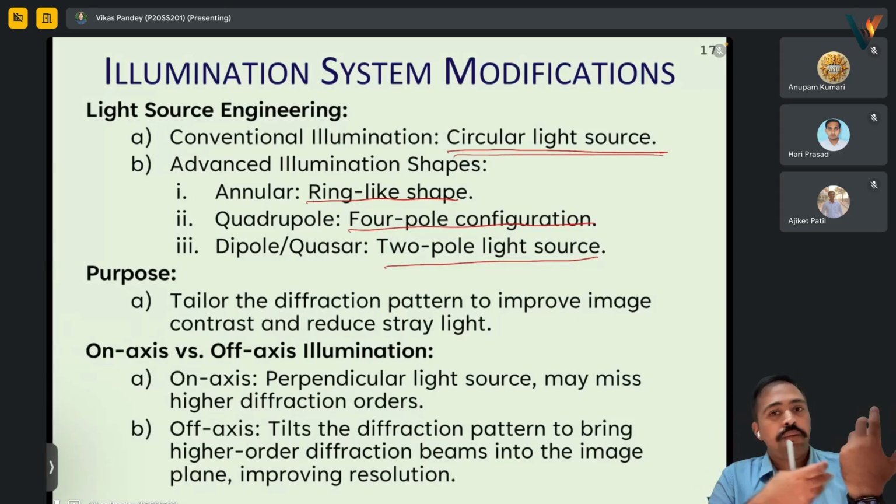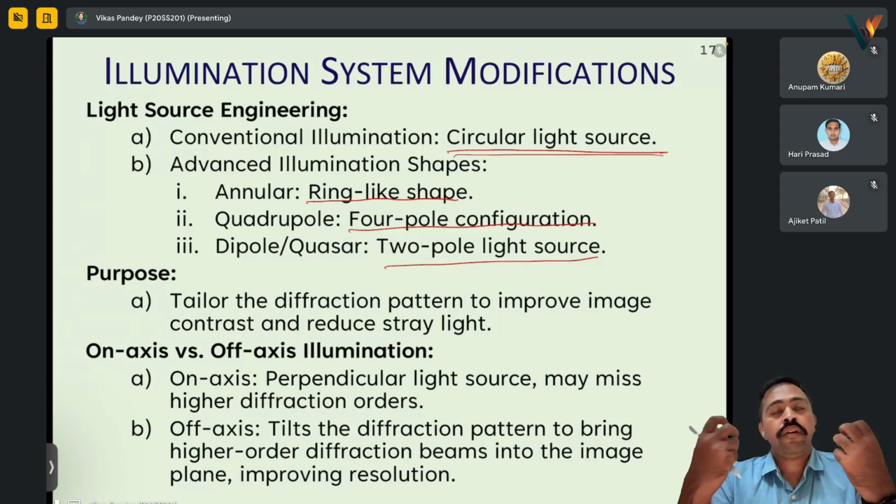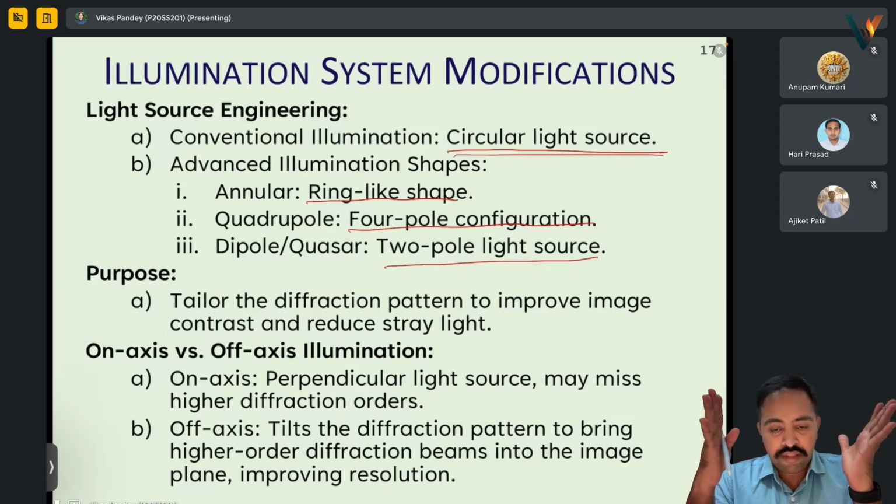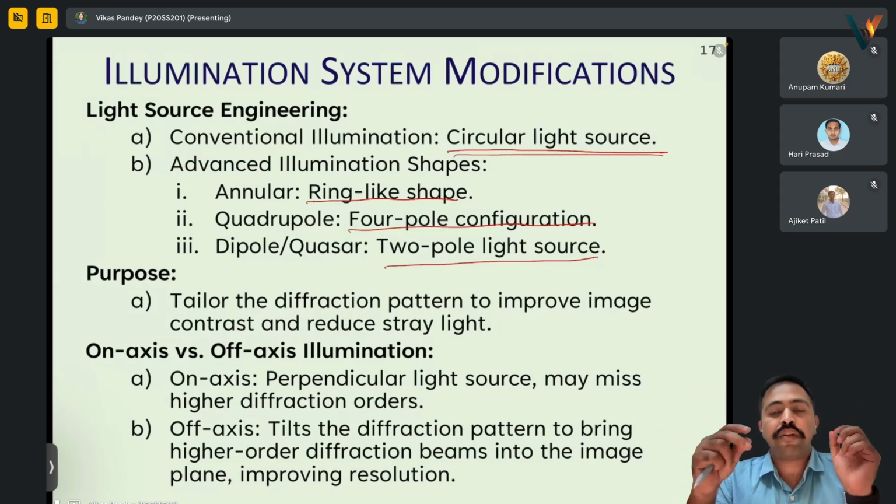Diffraction is a problem for us, but sometimes it can even be used to our advantage. We saw that a bit of diffraction actually helps us in the projection system. Similarly, using the understanding of diffraction, we can employ a combination of these light sources such that the diffraction pattern gets cancelled out and we get improved image contrast and reduced stray light.